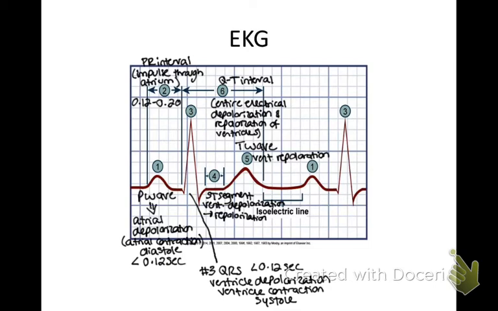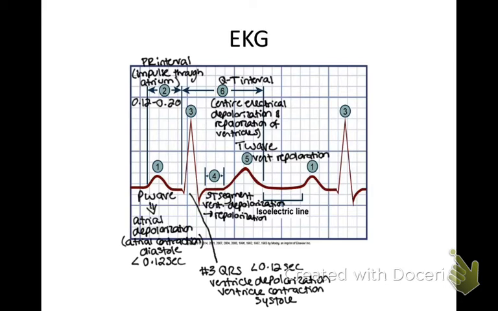Number 6 is the entire QT interval. So you have QRS, which represents the actual contraction. You have the ST segment, where it's going from contraction and trying to restabilize itself. And then this is where it actually restabilizes, because there's more electrical activity happening in the ventricle, right?